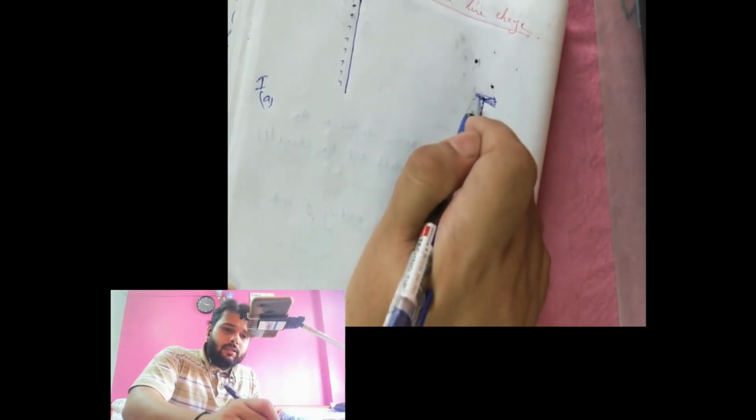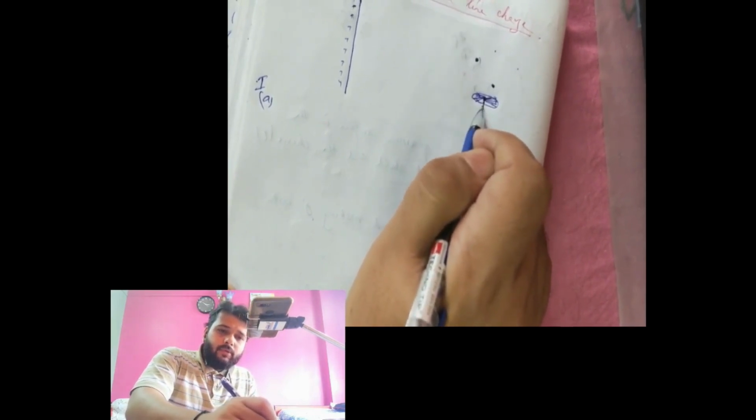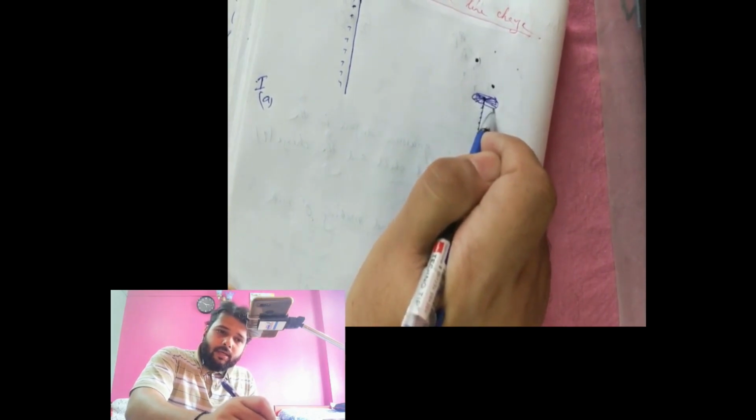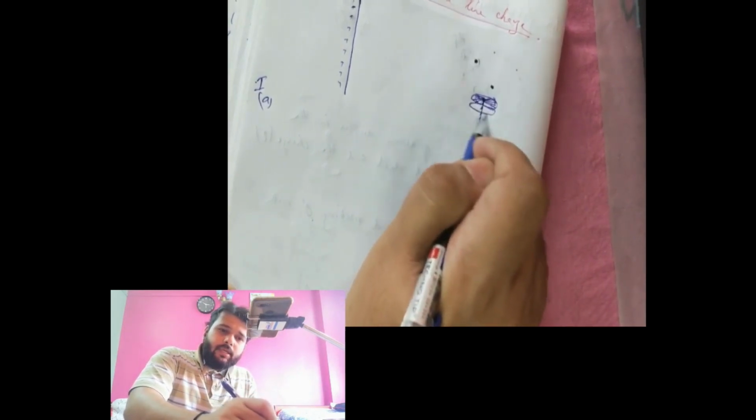So if we see, after these electric field lines cancel out each other, the electric field lines will be in this way. Only this surface will be left out. All the other electric field lines will get cancelled due to the point charge kept below it. So for this point charge again we'll get only these electric field lines. The other ones will get cancelled due to the point charge below it.